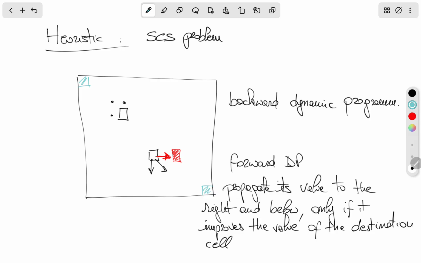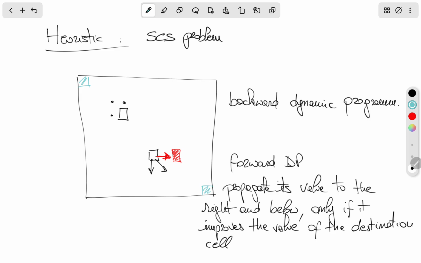Upper bound. So I told you, if I have an upper bound, I can avoid not only traversing some arcs, but also visiting some vertices. I mean, Dijkstra achieves the same effect.